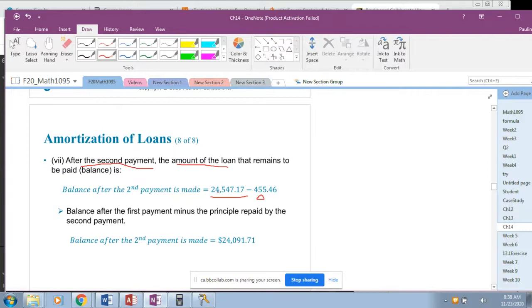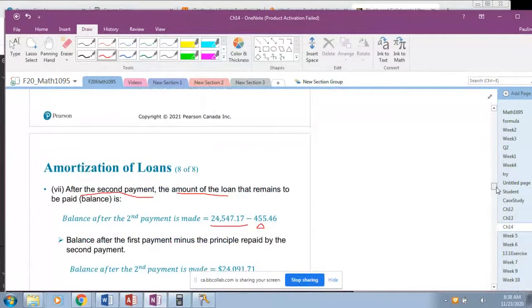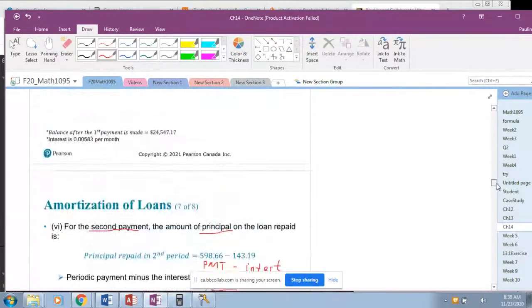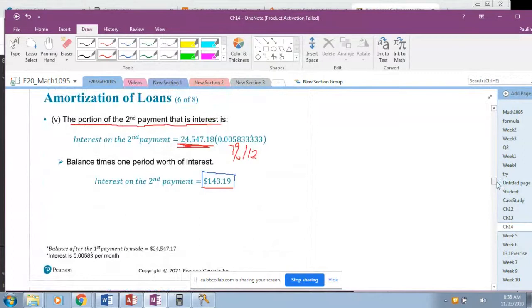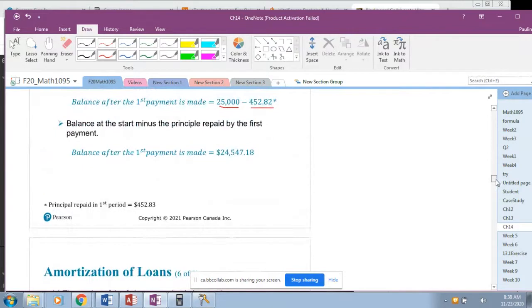And how do we get this first number, 24,547? It is here. We get the number here. This is the balance after the first payment.